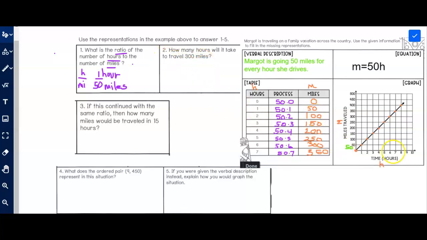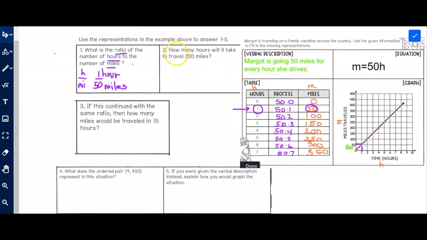Okay, now looking at your graph, here's the 50 to 1 right here, or 1 to 50 in this case. So 1 hour, 50 miles. So we can get it right here off our unit rate on our graph. We can also get that ratio right here. 1 hour, you went 50 miles. So 2 good places to get that ratio.